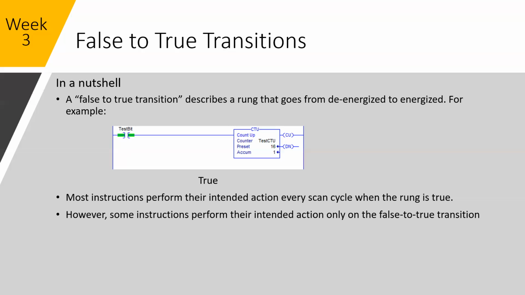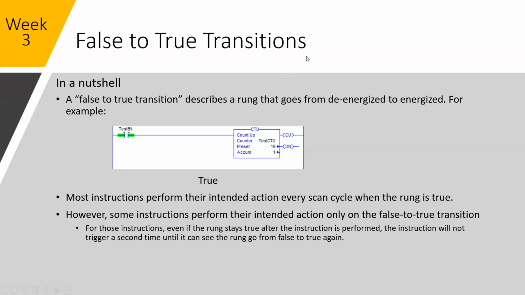Or if you're doing an add or subtract or compute, they would execute every scan. But there are some instructions that are intended to only work on these rising edges, or transitions from true to false or false to true. Those instructions, even if the rung stays true after the instruction is performed, will not trigger a second time until they can see the rung go from false to true again.